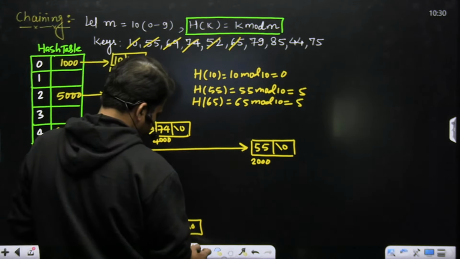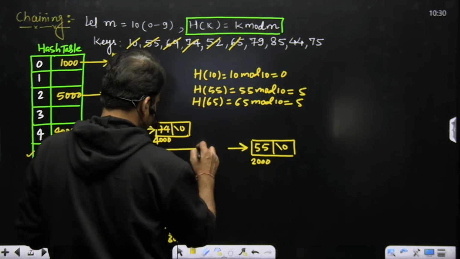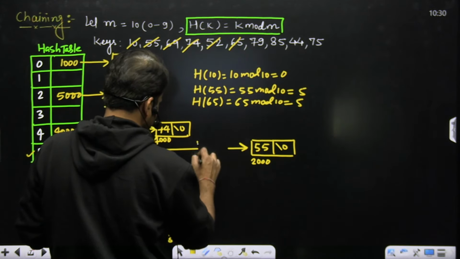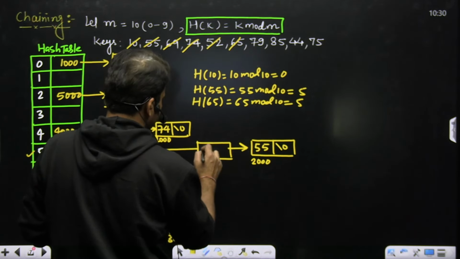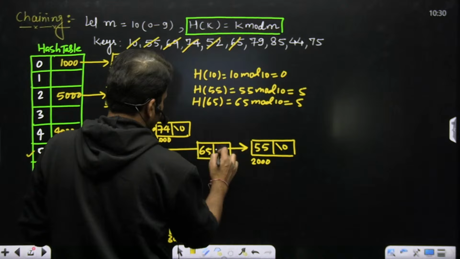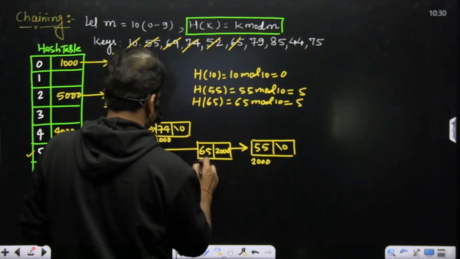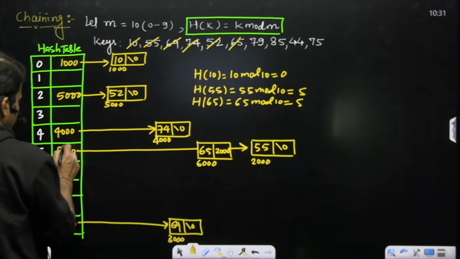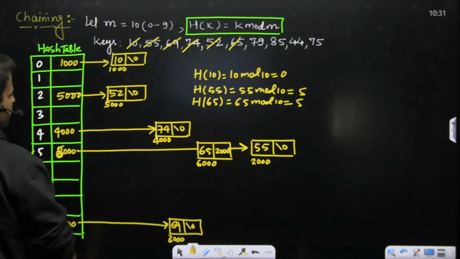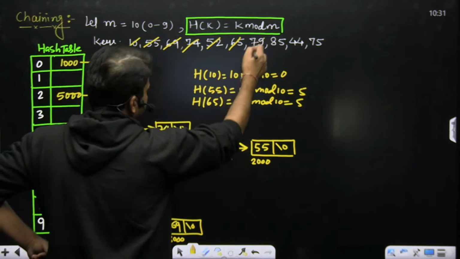If you insert at the beginning, then this 65 node gets an address after 2000 and 5000, which is 6000. So you can store here 6000. Okay. Now after this 79. 79 gives what?